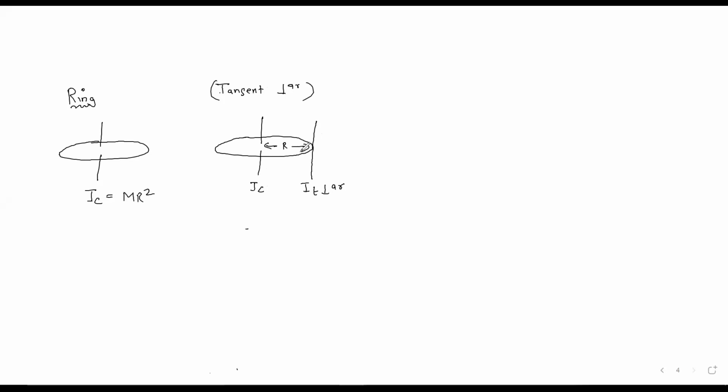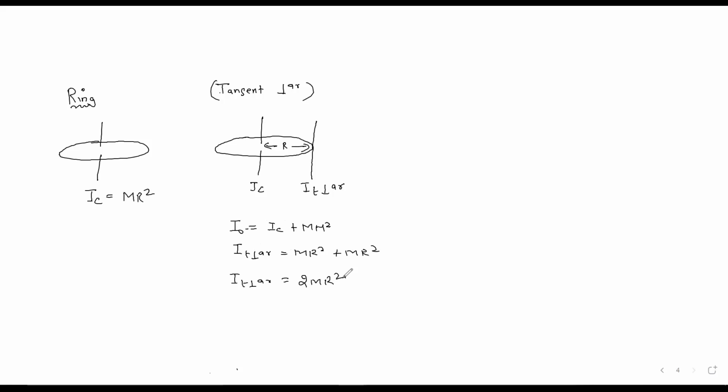R. So according to parallel axis theorem, I naught will become IC plus mass into distance square. So I tangent perpendicular will become IC, which is MR square, plus mass into distance square. I tangent perpendicular is going to become 2MR square. Are you getting it?